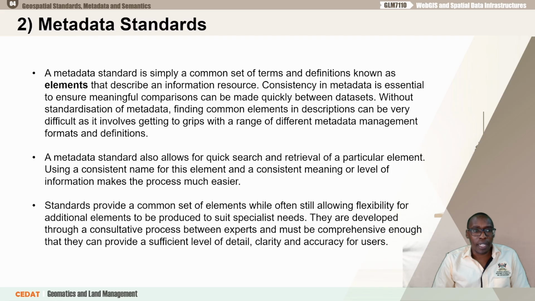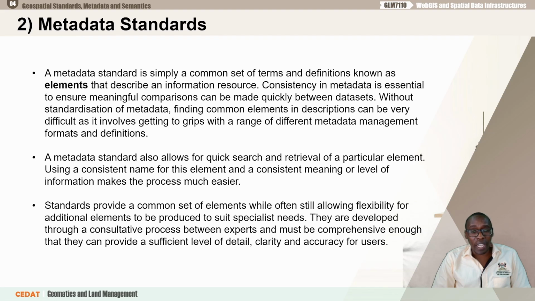So let's get further to understand the existing metadata standards. But before we understand what these standards are or which ones they are, let's understand what a metadata standard contains. A metadata standard is simply a common set of terms and definitions known as elements that describe an information resource.